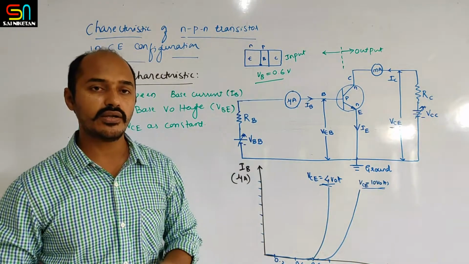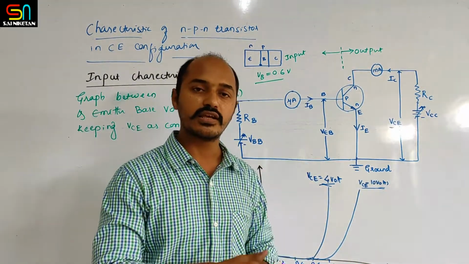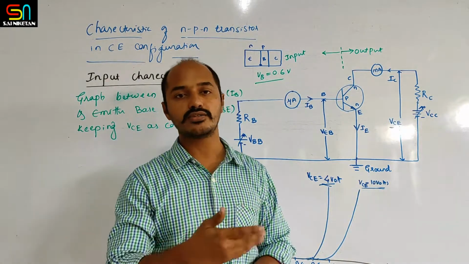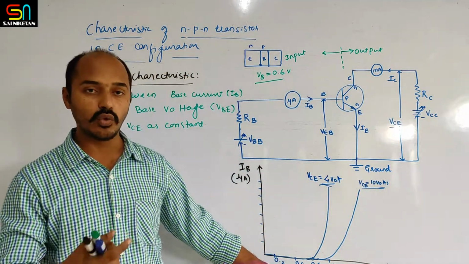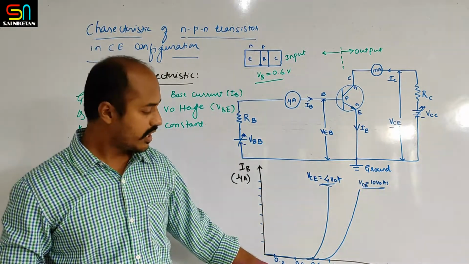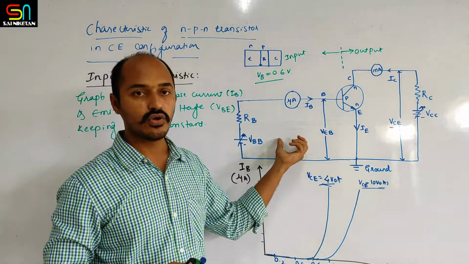It is observed that whenever the input voltage goes on increasing up to a certain value, current is not induced. That is called the threshold voltage. Up to that voltage, there will be no current induced in the input circuit.